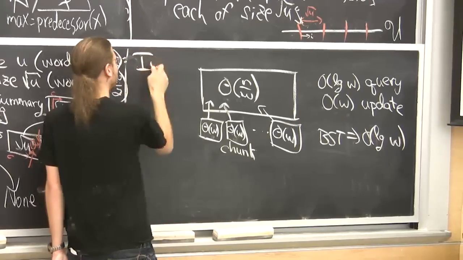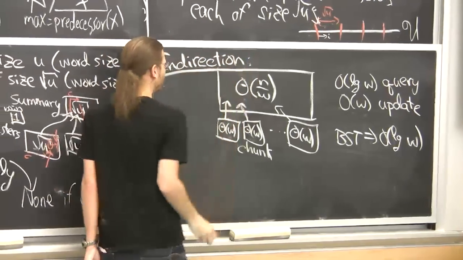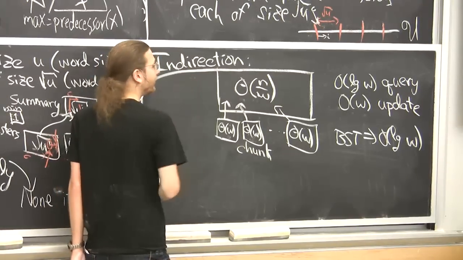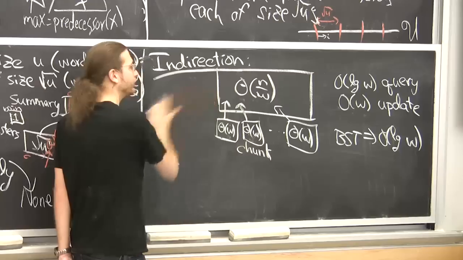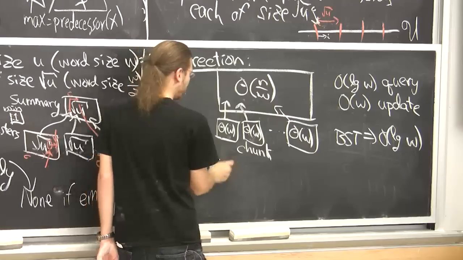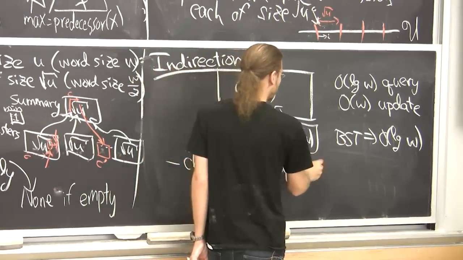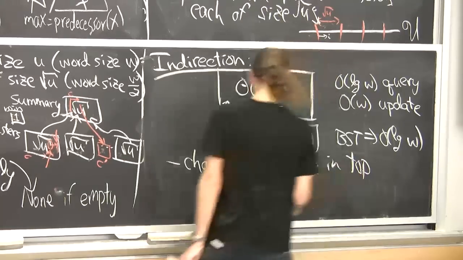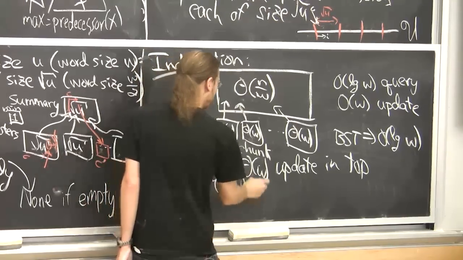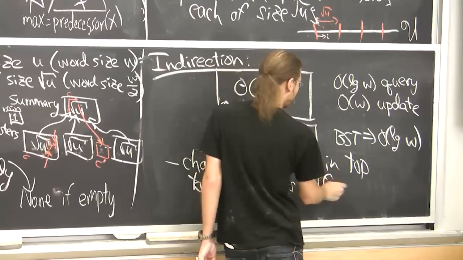So this is our good friend, the indirection technique, we will use over and over in this class. Very helpful when you're almost at the right bound. And it's actually in the follow-up van Emde Boas paper. A similar indirection trick is in there. So we can charge the order w update in the top, that's the cost of the update, to the order w updates that have actually been performed in the bottom.